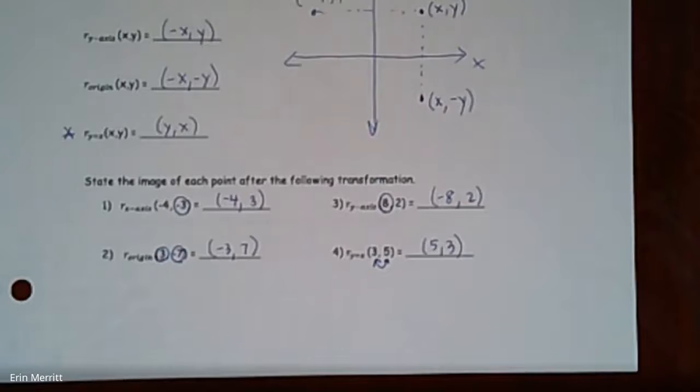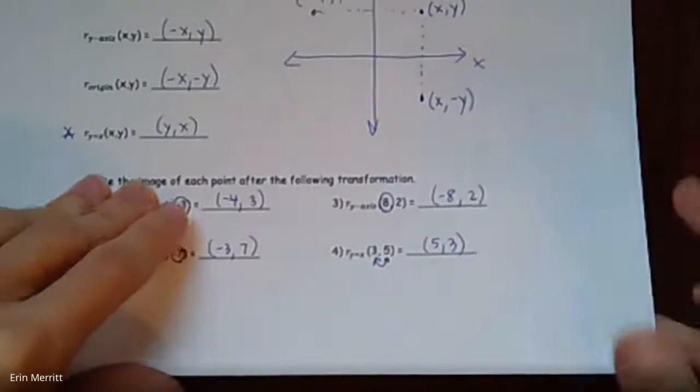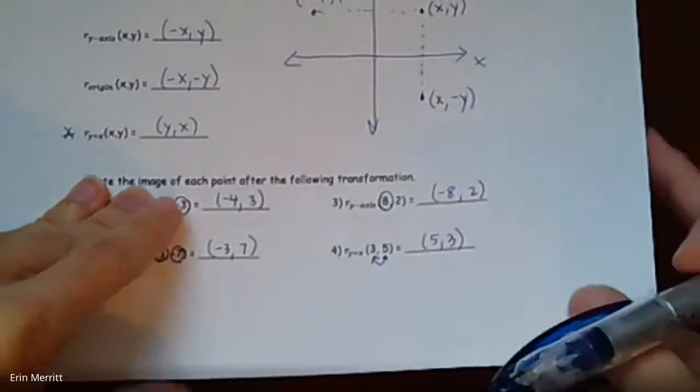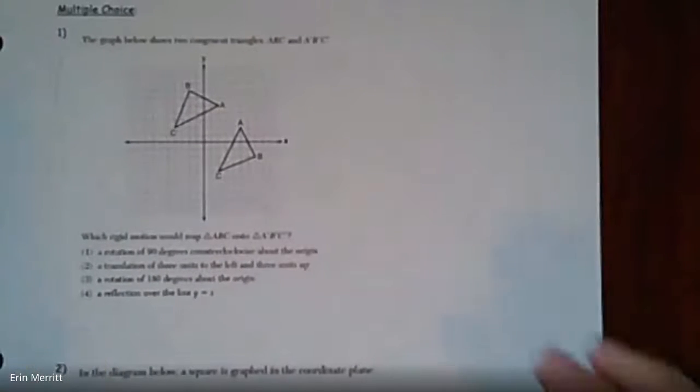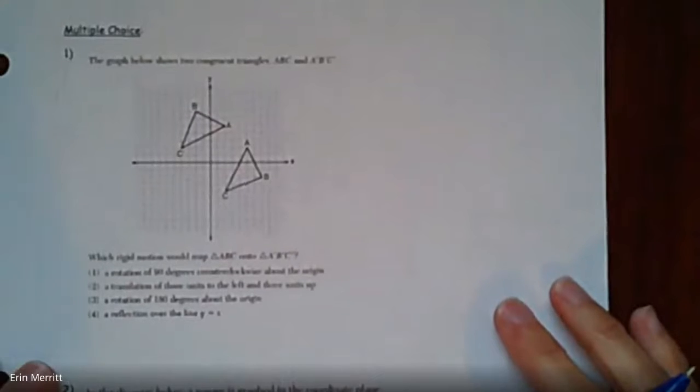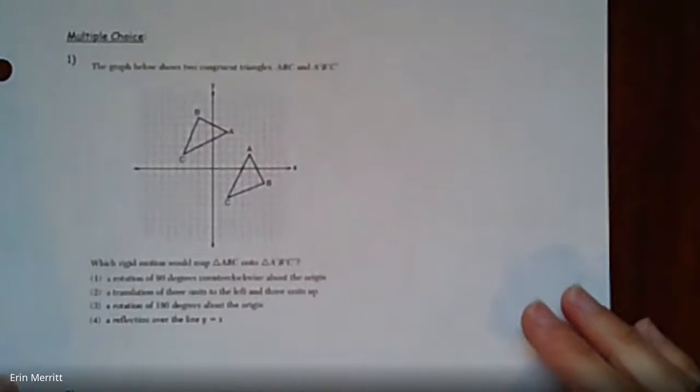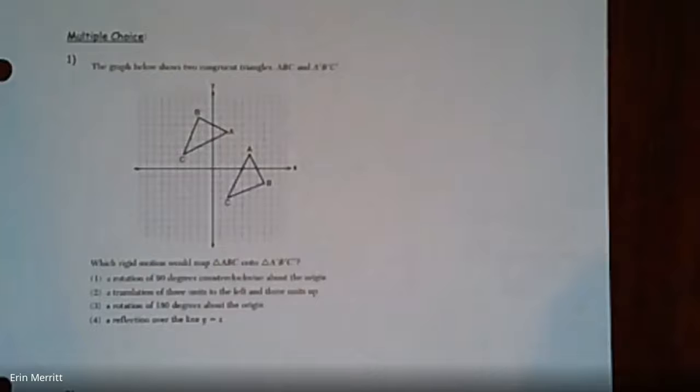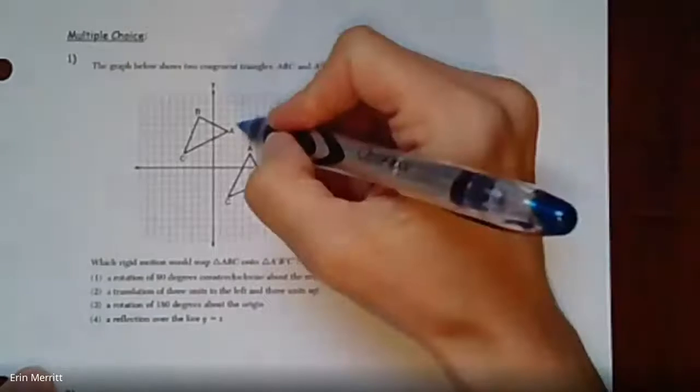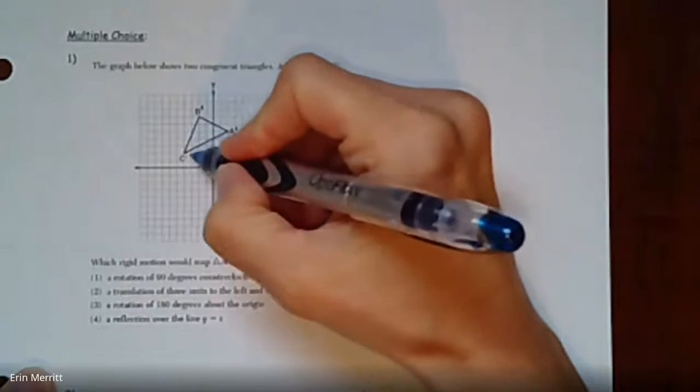All right, with that being said, we have a little bit of practice on the next page. There's some multiple choice questions that have been taken from an old Regents exam, I believe here. So when it says multiple choice, the graphs shown are two congruent triangles, triangle ABC and triangle A prime, B prime, C prime. In case it's hard to see, this one has the little primes on it.